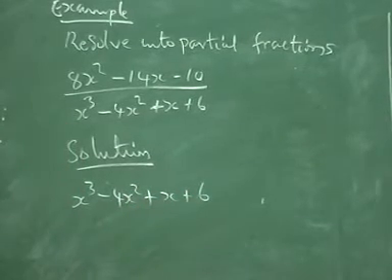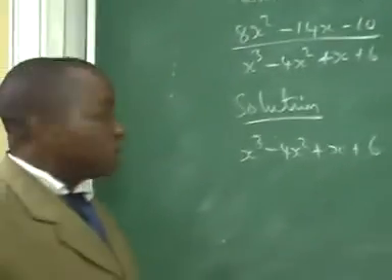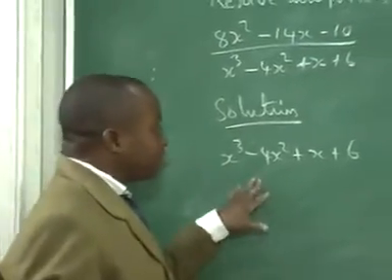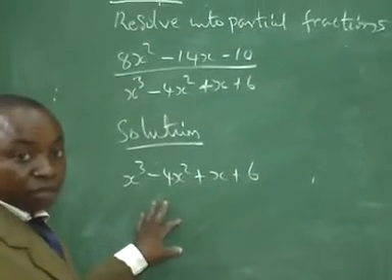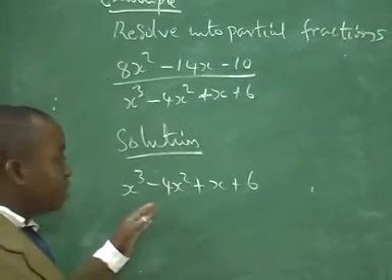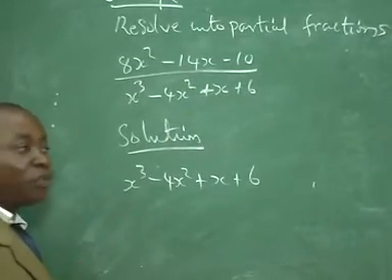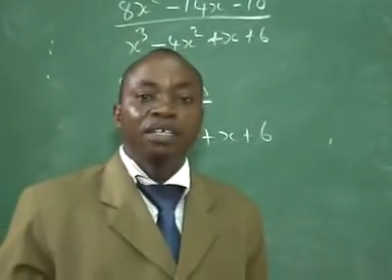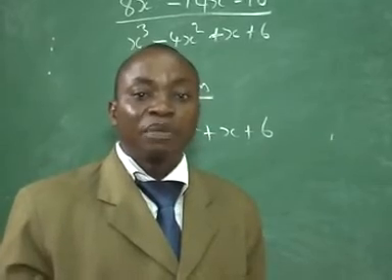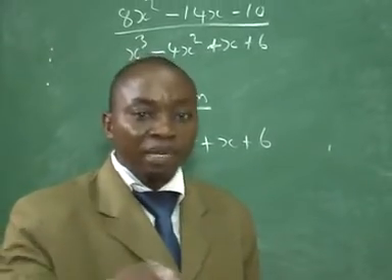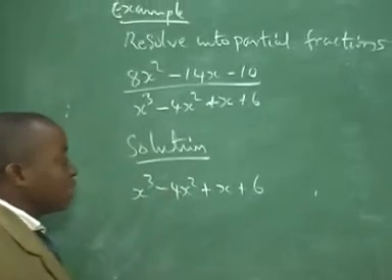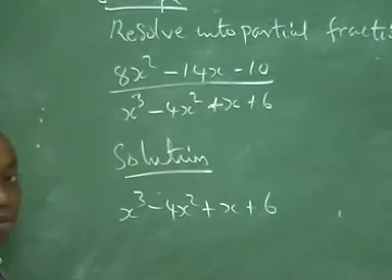Now we want to assume a number that will make this denominator 0. We want to look at the zero of this particular polynomial. If you watch our lectures on polynomials, you really know what I mean by zero of a polynomial: a number that will make this particular polynomial 0.